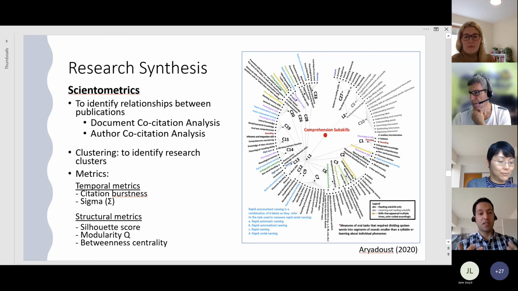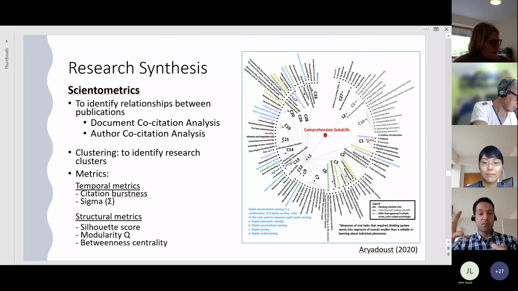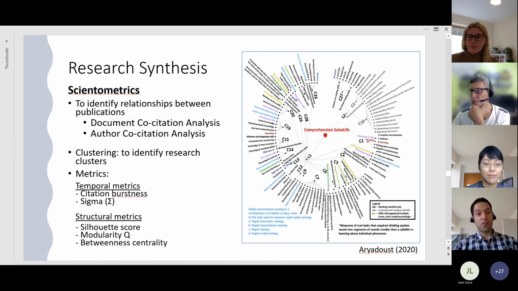It mines the data for me, and it identifies the relationships between publications. It clusters them into separate clusters, and then it mines the clusters and says this cluster is most likely about this concept, and the other cluster is more likely about another concept. So it provides a data mining sort of review of the field of applied linguistics or anything else.